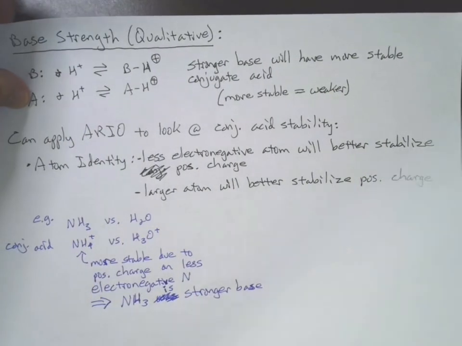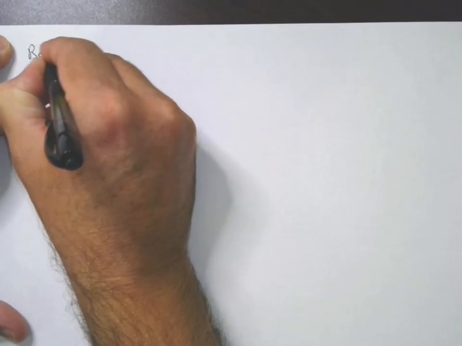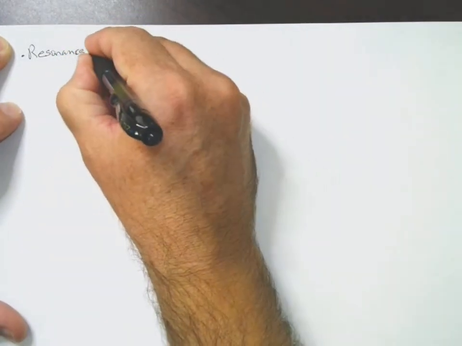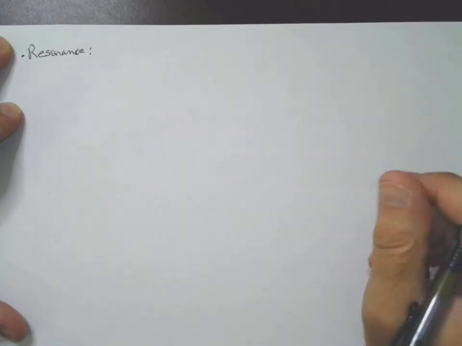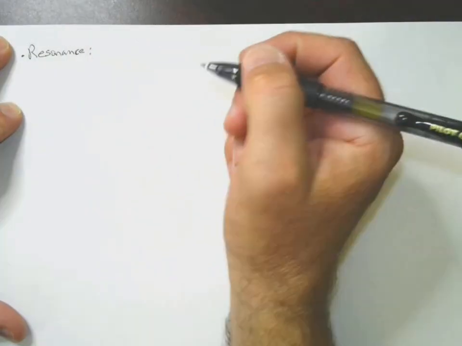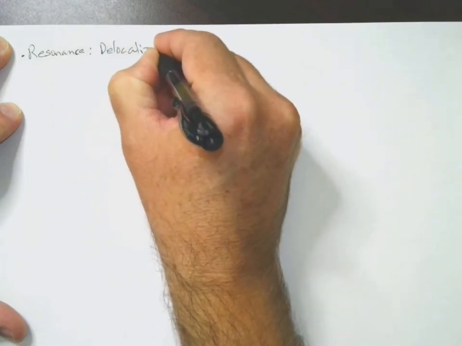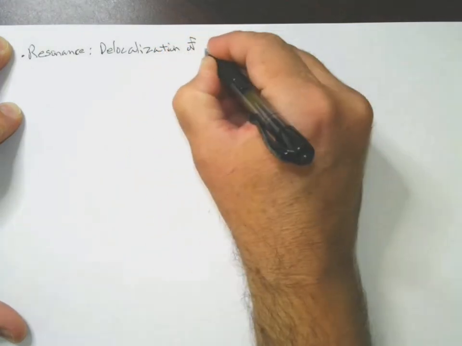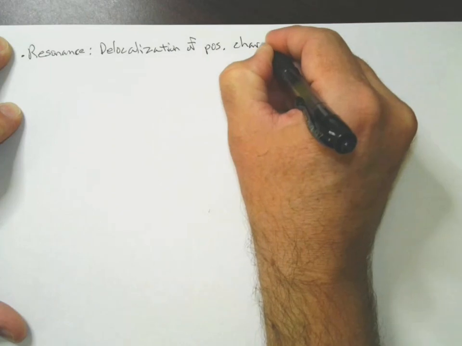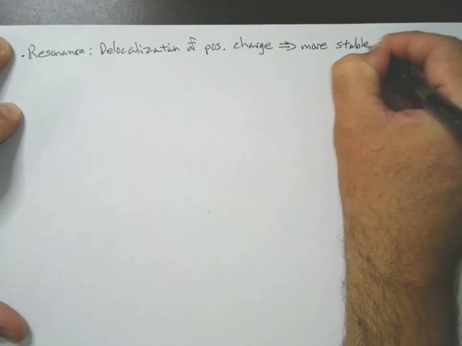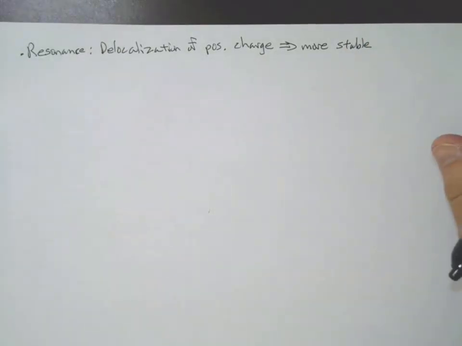All right. Let's take a look at the next category, which is, of course, resonance. And in the case of resonance, just like with acid strength, delocalization of the positive charge is going to make something more stable.